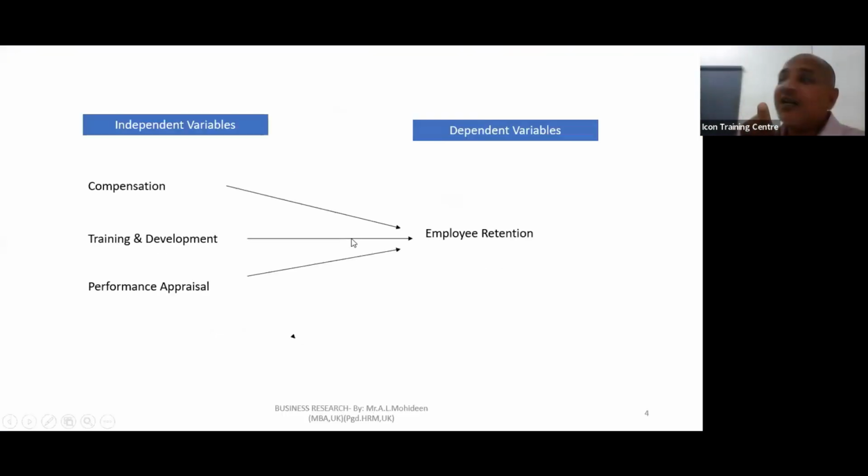How did you take this one? Based on the literature review, based on the article you have taken. Based on the research article you have found. So what you have to do is read research articles, download research articles, and then go and see which one is the area you are interested in, and find this. This is what you call independent variables and dependent variables.